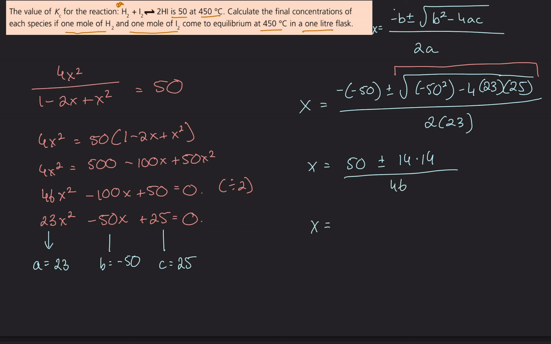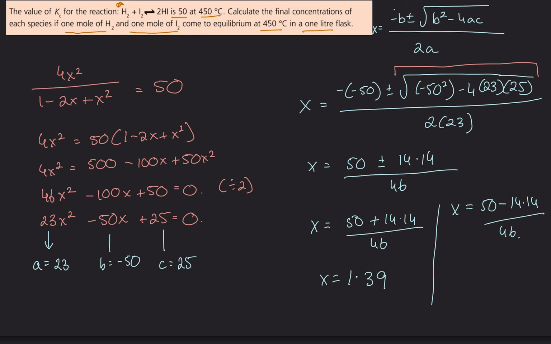So then x equals 50 plus 14.14 over 46, or x equals 50 minus 14.14 over 46. And you get x equals 1.39 and x equals 0.78. So there are two answers.